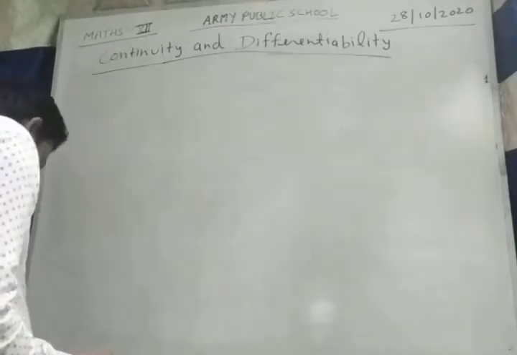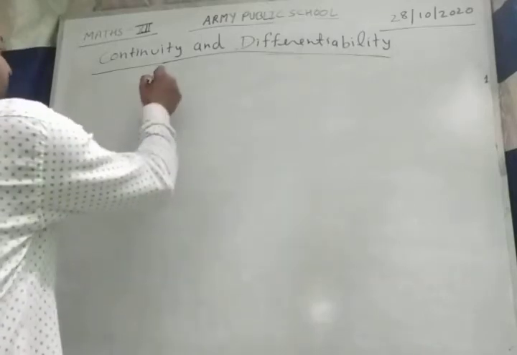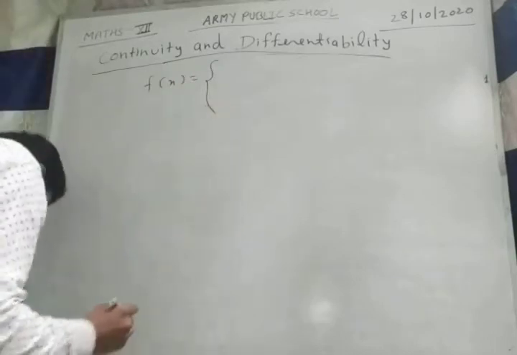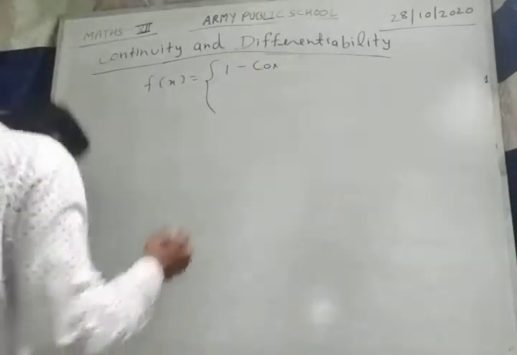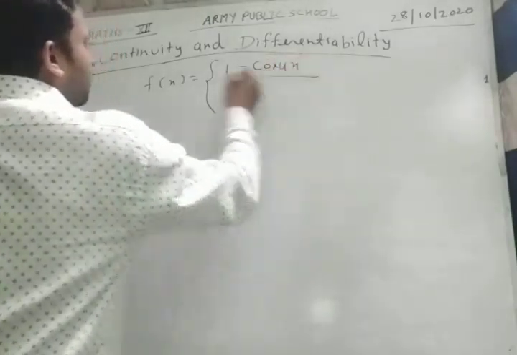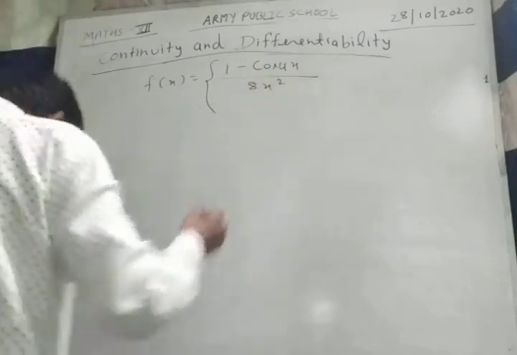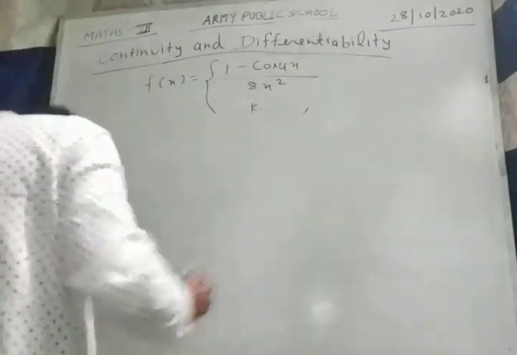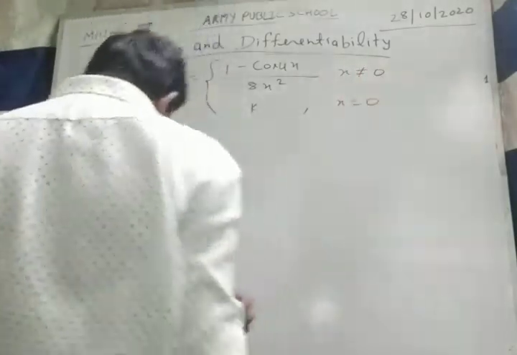For what value of k is the following function continuous at x = 0? f(x) = (1 - cos 4x) / (8x²) for x ≠ 0, and f(x) = k for x = 0.